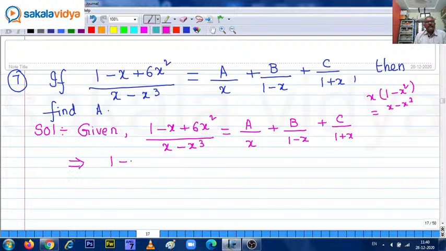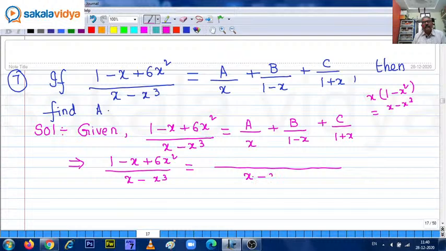So (1 minus x plus 6x square) upon (x minus x cube) equals to, here LCM is x minus x cube, means you can write like this, better. This x minus x cube you can write like this, x times (1 minus x) times (1 plus x).